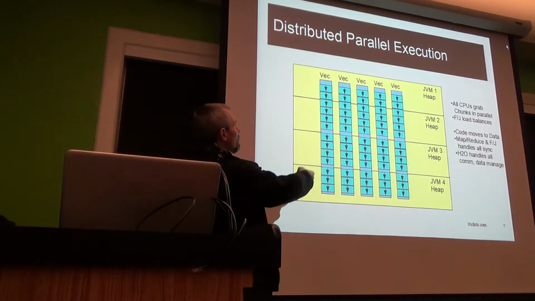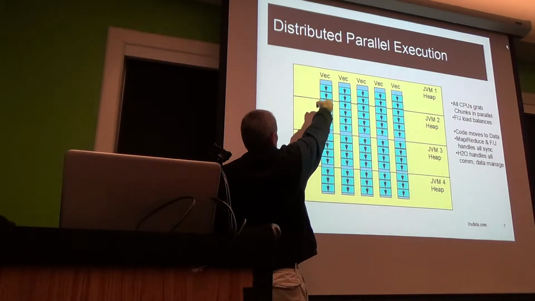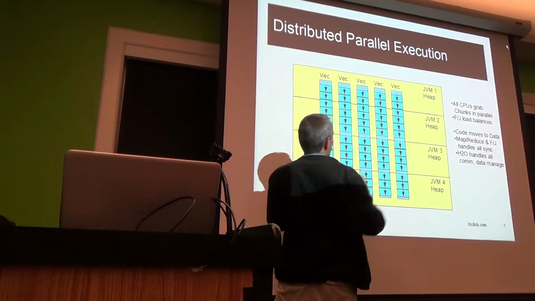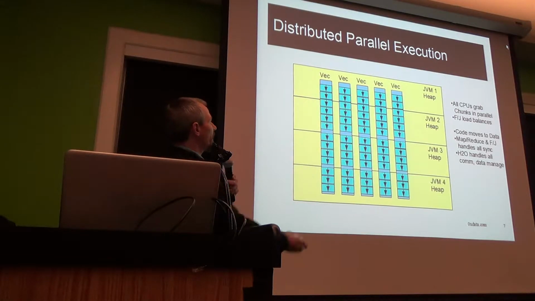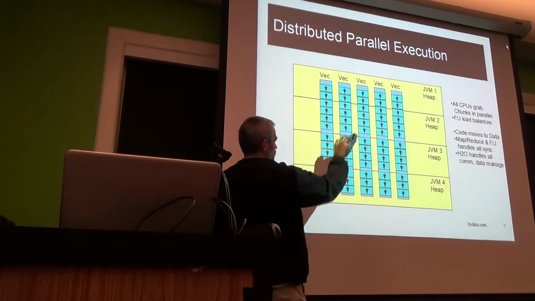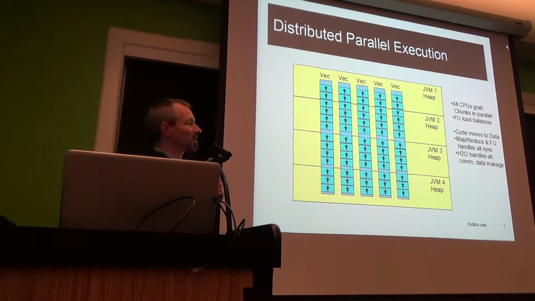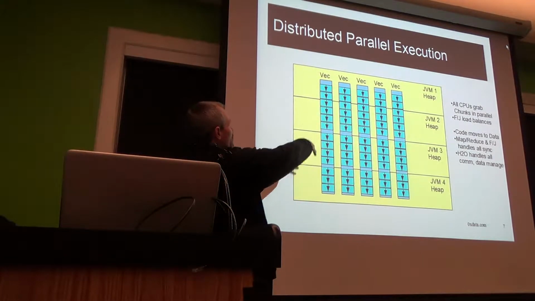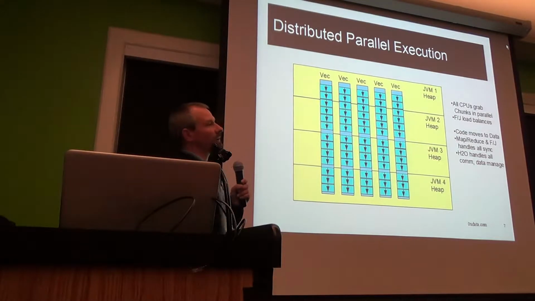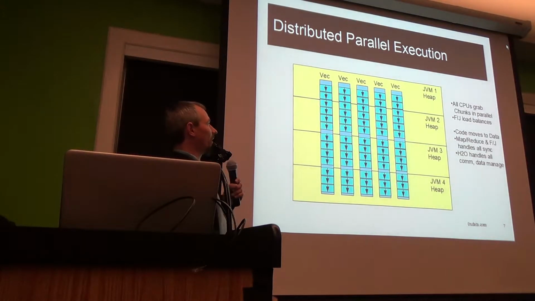Okay, so within the chunks, a CPU is going to work on a chunk. It's going to work on all the data across all its columns within a chunk. And another CPU is going to work on another chunk, and another chunk, and so on. And so pretty much I light up all the CPUs as I march through the data and do something with it. So this notion of a chunk shows up because it's my unit of parallel execution, parallel access.